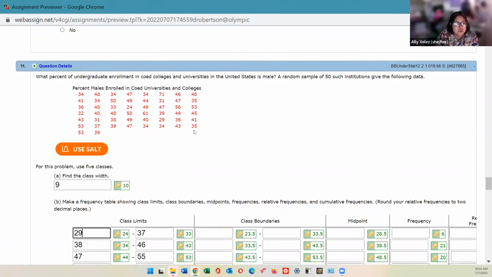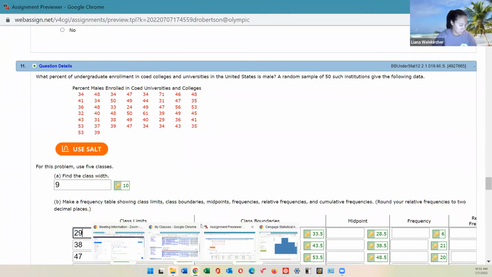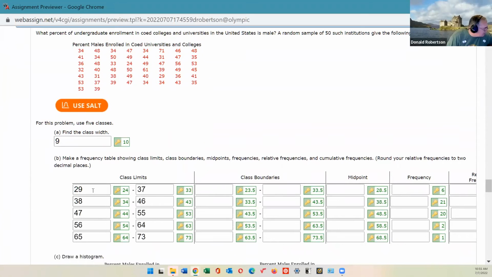The 24. Oh God, yeah. I can't fix that, although I can do this, which is good. Can you pretend I started at the right number? If I did, I would have got the exact same answers that they got. If I had noticed that there was a 24 there and not a 29, I would have been good to go.